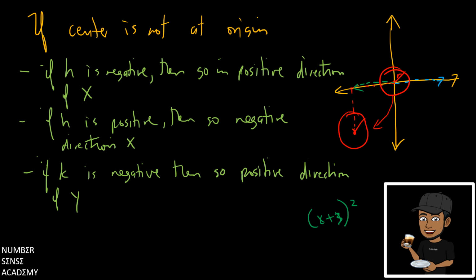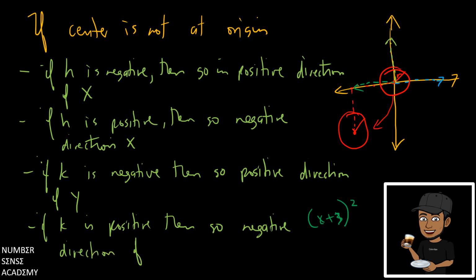So in this case, we're going up, and likewise, if k is positive, then go negative direction of y. So we go down.